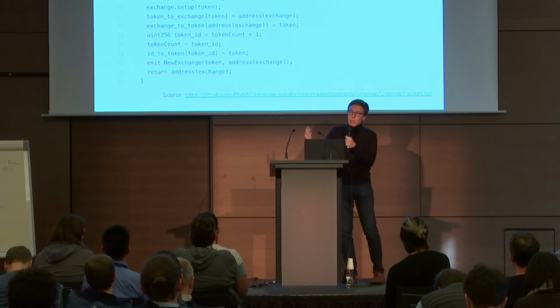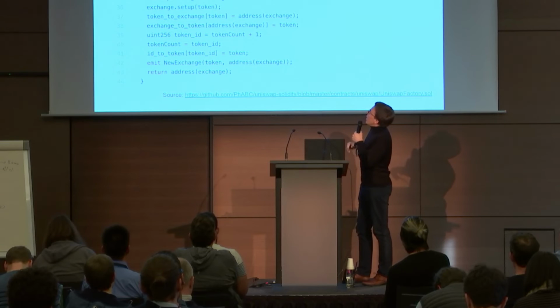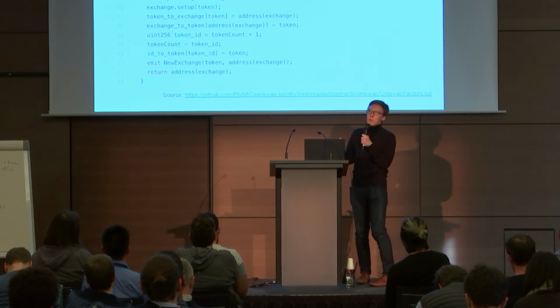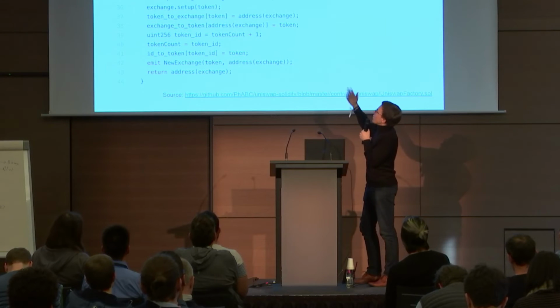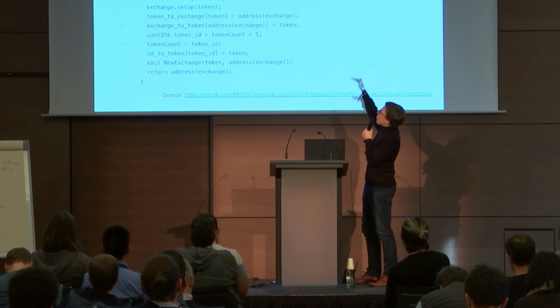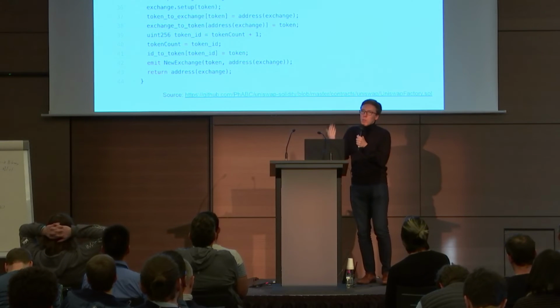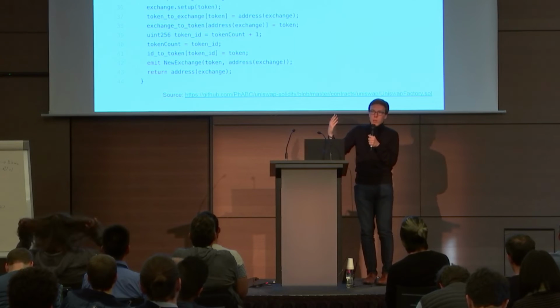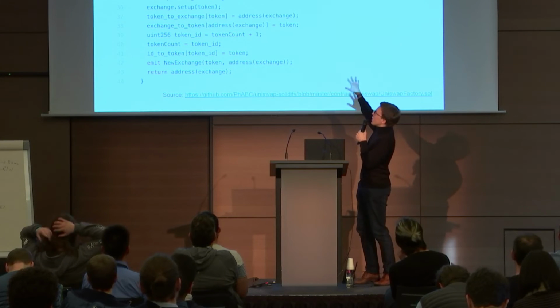So that's one part of the factory code. That's the main function. That's where the factory magic happens in Uniswap. So you create a new exchange here. If you just very naively go through it and think about where here could we have problems, where might we not be able to predict state access, right?